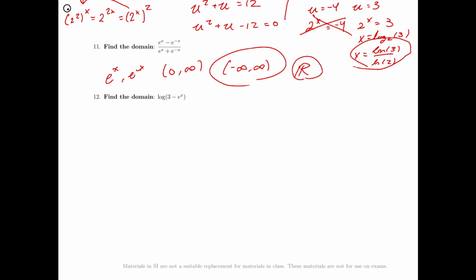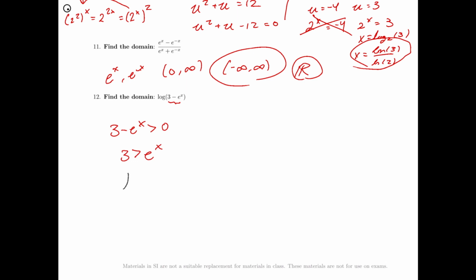this one, we're going to use the idea that, I guess this is more logarithm stuff, I'm going to take what's inside my parentheses and set that strictly greater than 0. And so I get this situation. And then we can just solve this for x directly. I have no problem with adding over an e to the x.